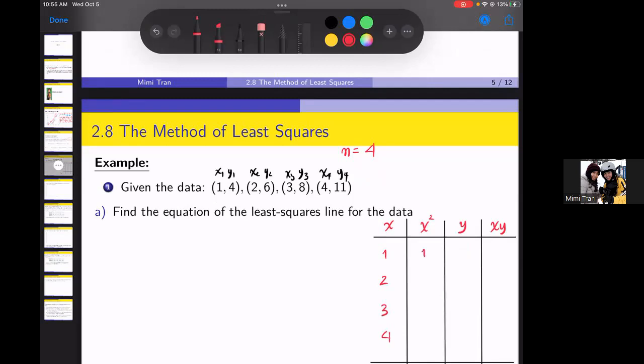And then 2 squared is 4, 3 squared is 9, 4 squared is 16. Now you do y. Y is 4, 6, 8, 11. And please be neat about this. I want them to be aligned. And then x times y. So 1 times 4 is 4. 2 times 6 is 12. 3 times 8 is 24. And 4 times 11 is 44.